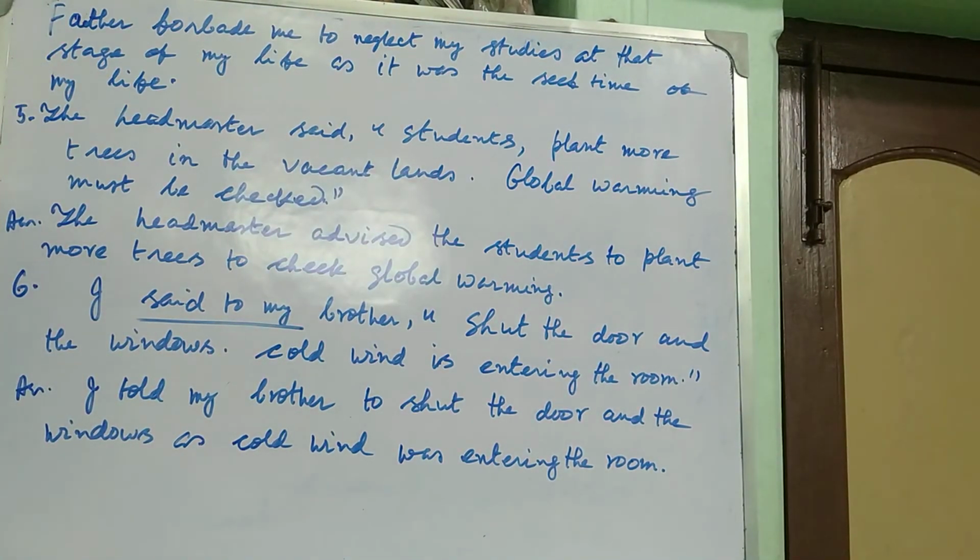So let's conclude. I have already discussed what an imperative sentence is. It suggests order, advice, entreaty, forbidding, etc. And now, the reporting verb must be transformed into past tense if in the direct speech it is in the past tense.